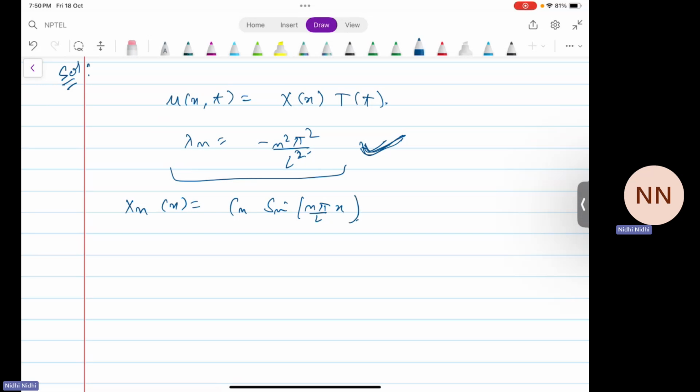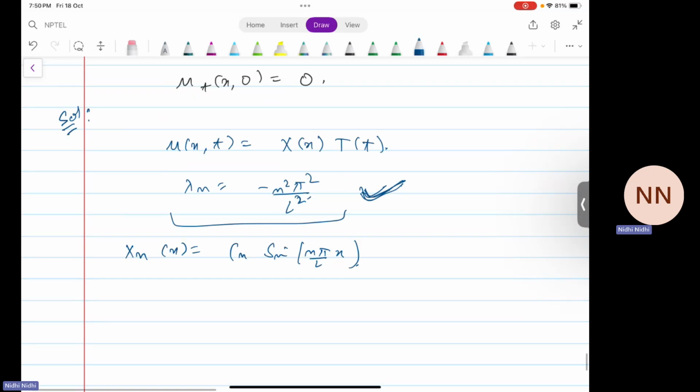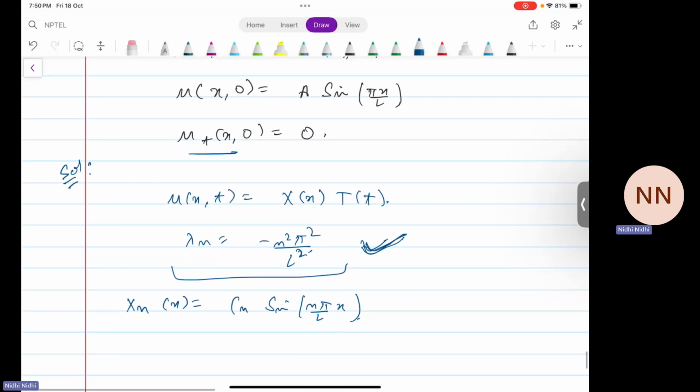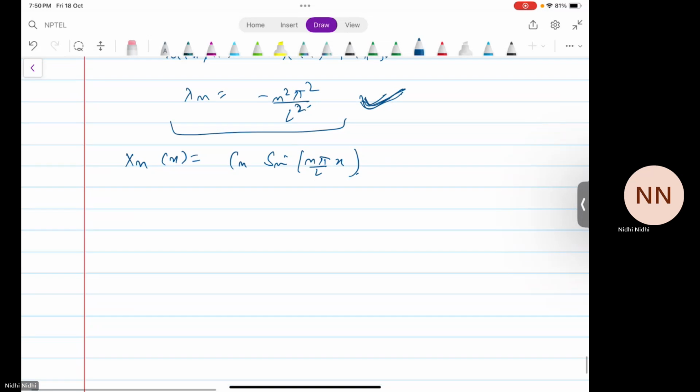Corresponding to this lambda n, if we solve the equation for variable t and use the initial condition u_t(x,0), that gives us T'(0) is 0, you must have got that T is equal to some constant k_n times cos c n pi by L t.